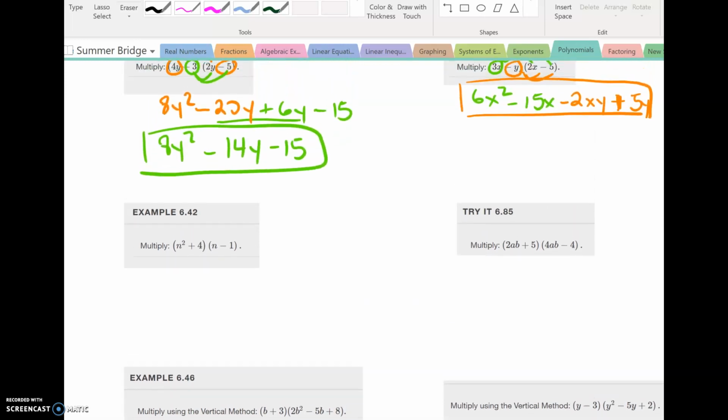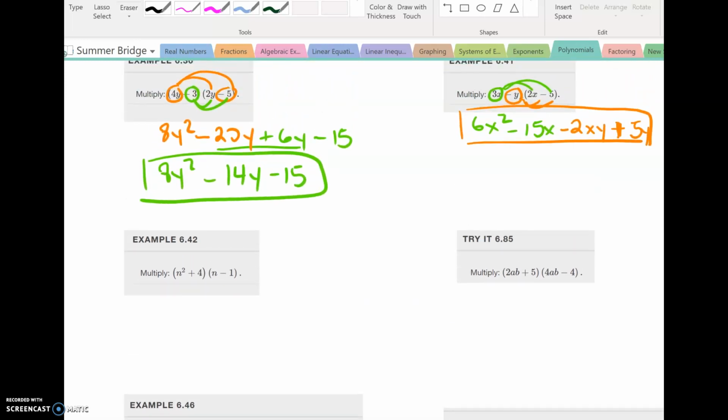So, my next set of examples. I have an n squared now. So let's keep in mind what we talked about before. Whenever we have exponents, we really just add the exponents together as long as they're the same base. So n squared times n squared times negative 1.